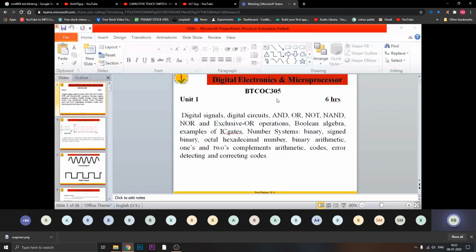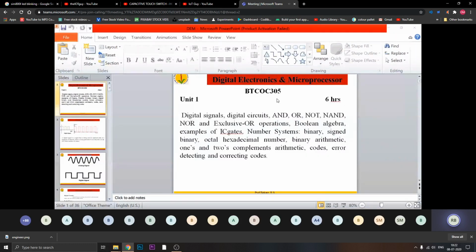Right. So now in unit one, the first point is digital signal and digital circuit. Now we will see the basic gates: AND gate, OR gate, NOT, NAND, NOR, and exclusive OR gate and all operations.